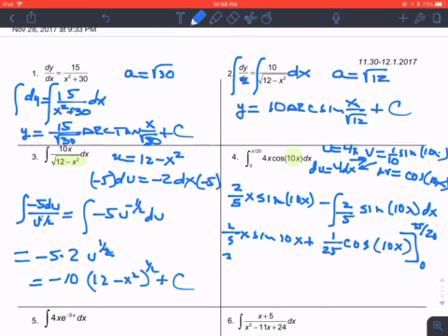So I get 2/5 times pi/20 times the sine of, when I plug in 10 times pi/20, I get pi/2. Plus 1/25 cosine of pi/2, which luckily is 0. That goes to 0.